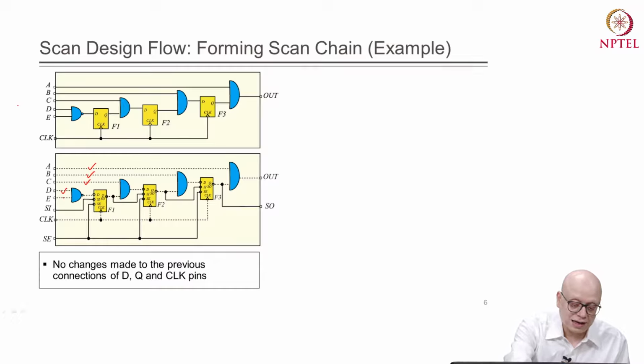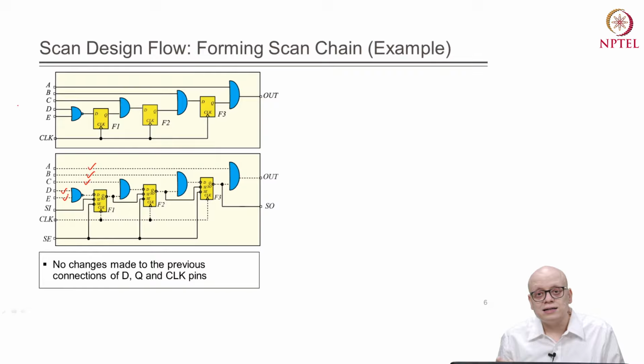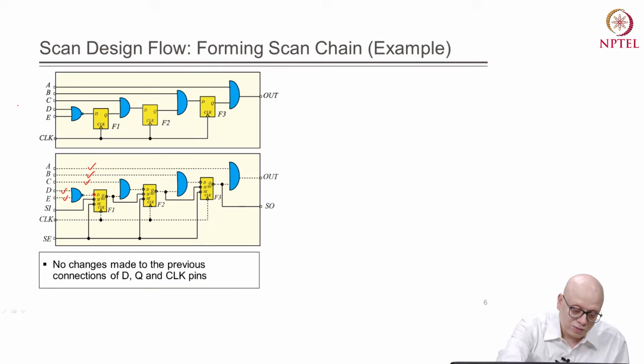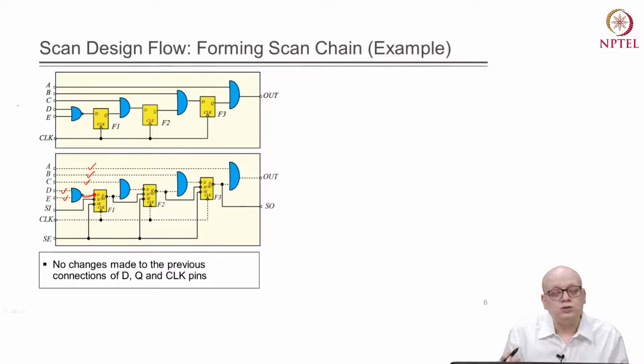No changes have been made in the modified netlist or modified circuit. So, the D pin of the scan cell is connected as in the previous case. Similarly, the D pin of this scan cell and the D pin. Similarly, if we consider the clock pins, those connections are not changed, those are the same as they were earlier, right.